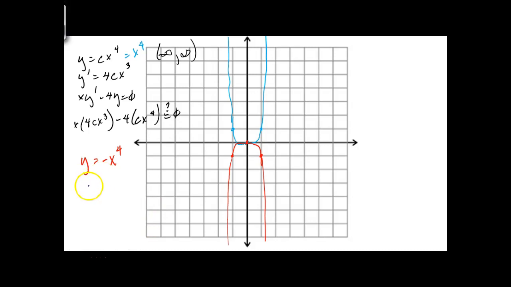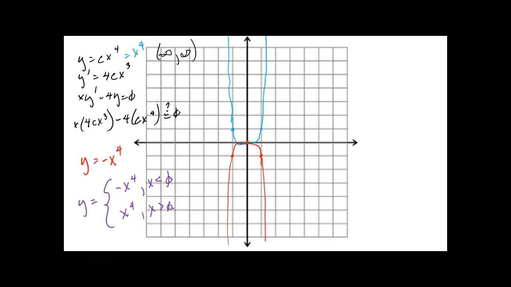Okay. So here we're going to say, here's another function. Y is equal to the piecewise function of minus x to the fourth anytime x is less than 0, and positive x to the fourth anytime x is greater than 0.